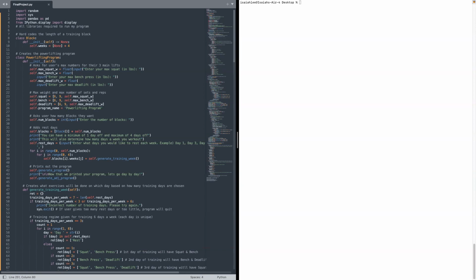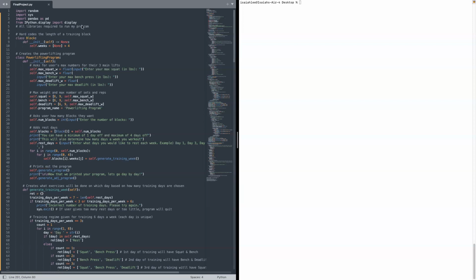And basically, my code is simplifying this process by asking external factors and also automating the process. Since coaches can be expensive or unavailable at certain times, I wanted to make an easy way for any powerlifter to give themselves a program based on my code.